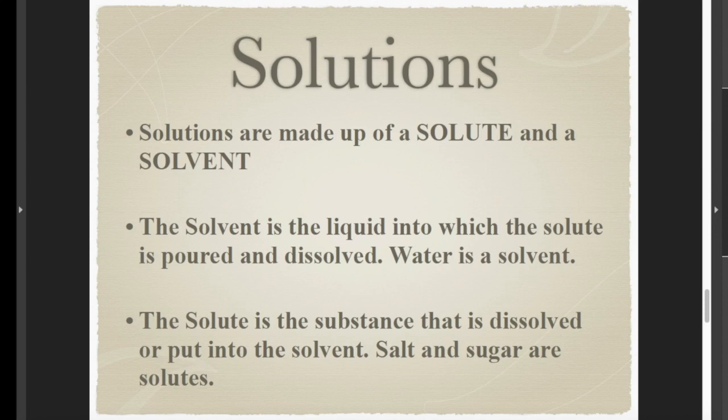Water is actually called the universal solvent. So, I'm going to say it again. A solution is made up of both a solute, which is a solid substance that is being dissolved, like salt or sugar, and it's being dissolved in a solvent, which is water. Okay? The material that is doing the dissolving.